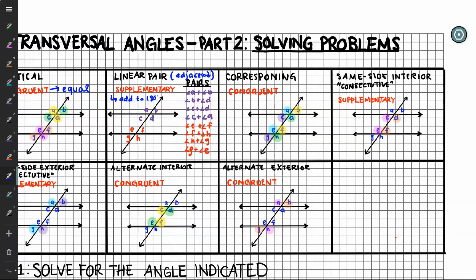Alright, next we're looking at same side interior angles, also known as consecutive interior angles. So here we are on the same side of the transversal and inside of our parallel lines. So we have angles C and E, and angles D and F are same side interior, and same side interior angles are supplementary.